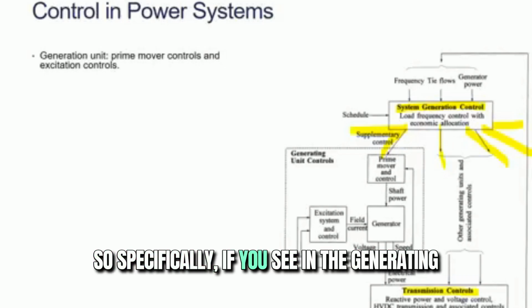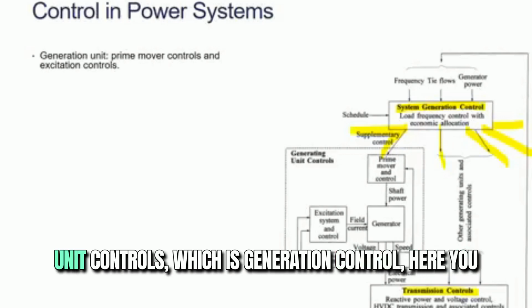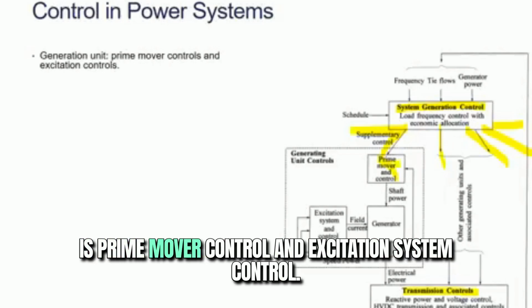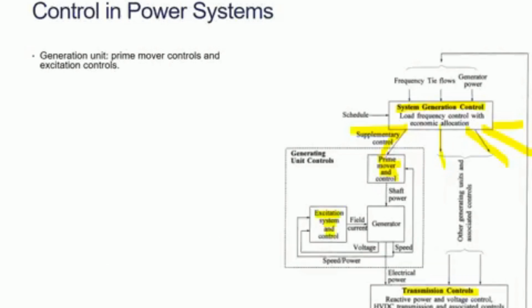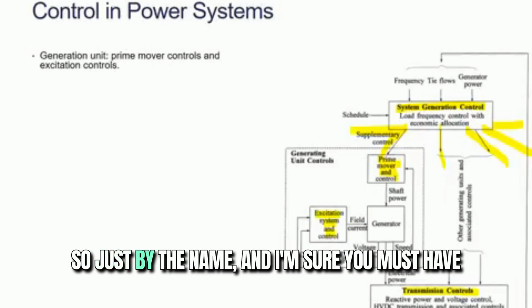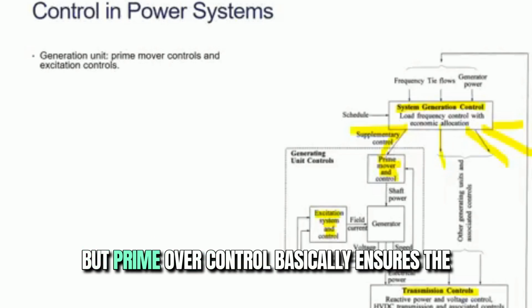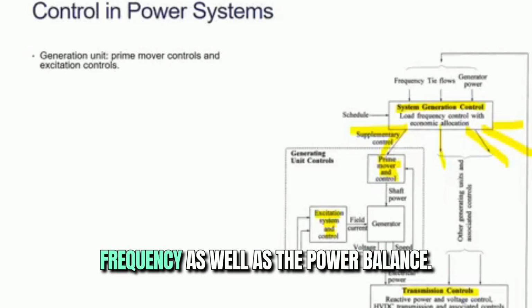So specifically, in the generating unit controls, which is generation control, you broadly see two main controls, which are prime mover control and excitation system control. Just by the name, and I'm sure you must have studied some part of it in your bachelor's degree, prime mover control basically ensures the frequency as well as the power balance.